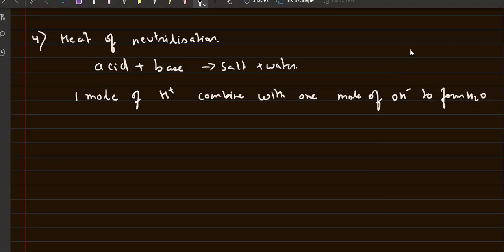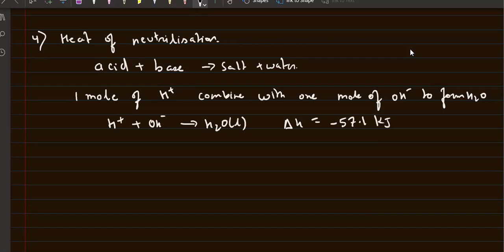Okay, that is the basic definition. So you can say that it is H plus plus OH minus gives H2O, again liquid. And in this case, it is delta H minus 57.1 kilojoule. Okay? Got it, everyone?